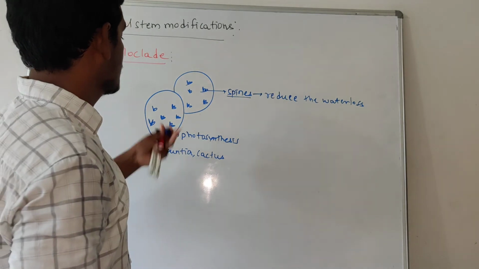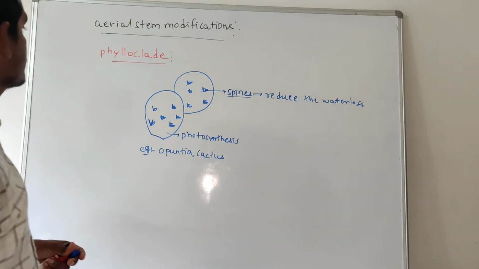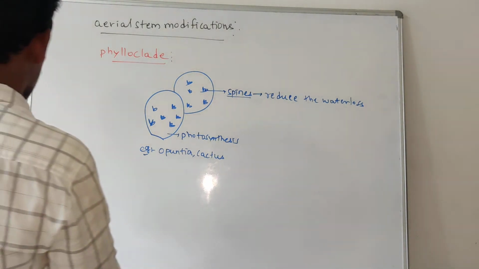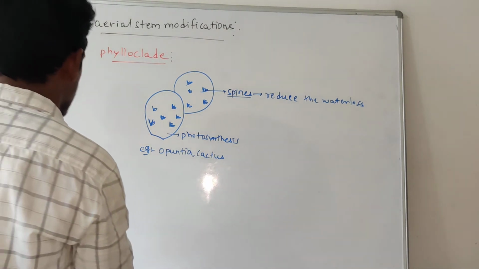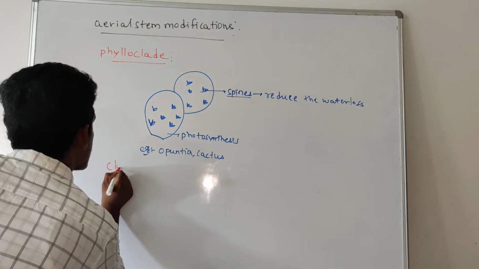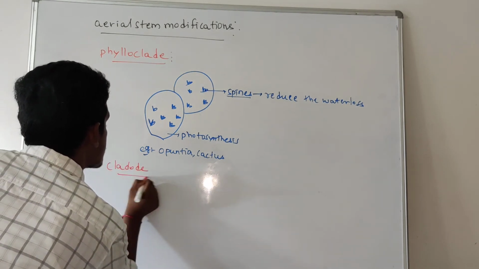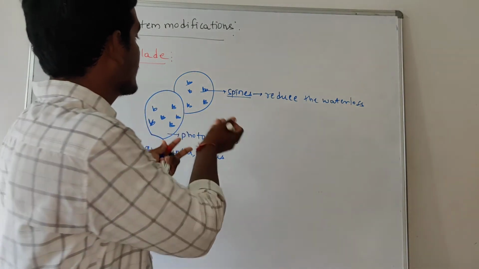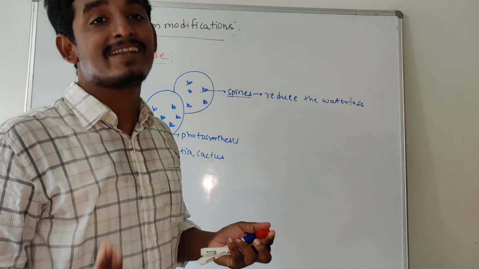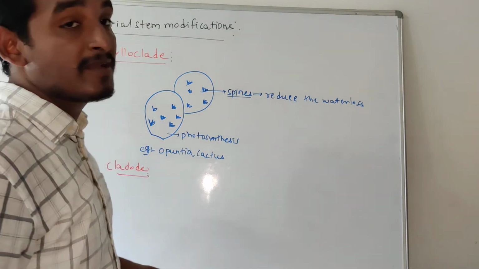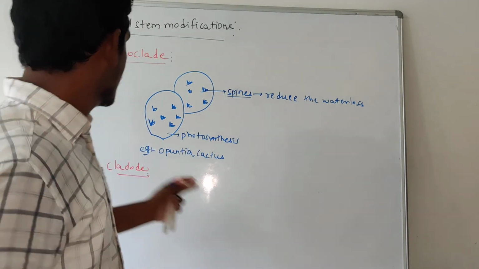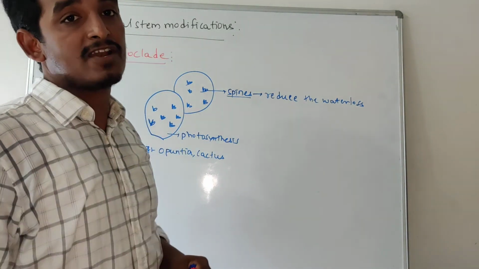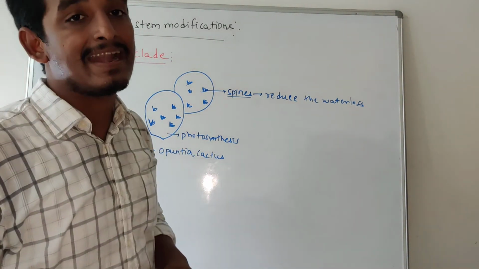If you take some other modifications, the last one is cladode. What about cladode? Phylloclade means it has many nodes and internodes. Cladode is similar to the phylloclade, but the phylloclade with one internode we call a cladode.